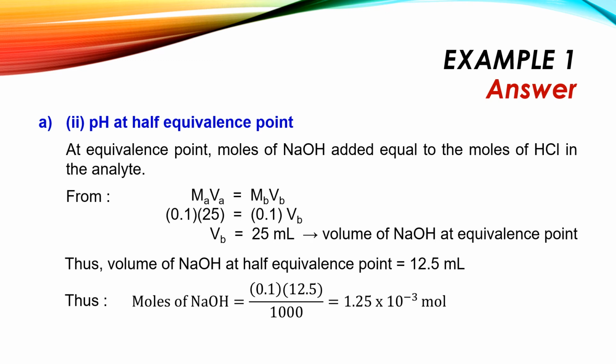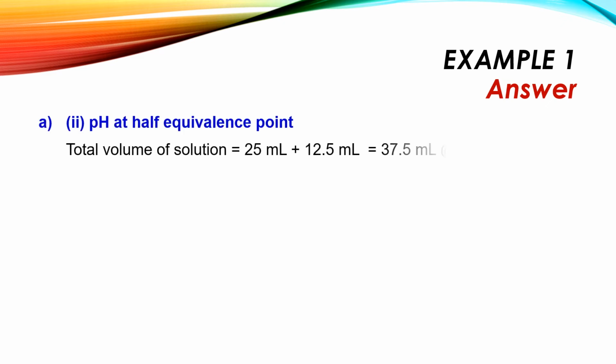Then, we can calculate the number of moles of sodium hydroxide used in the reaction, which is equal to 1.25 × 10^-3 mole, and the moles of hydrochloric acid used is 2.50 × 10^-3 moles. The total volume of the solution is equal to 37.5 milliliters.